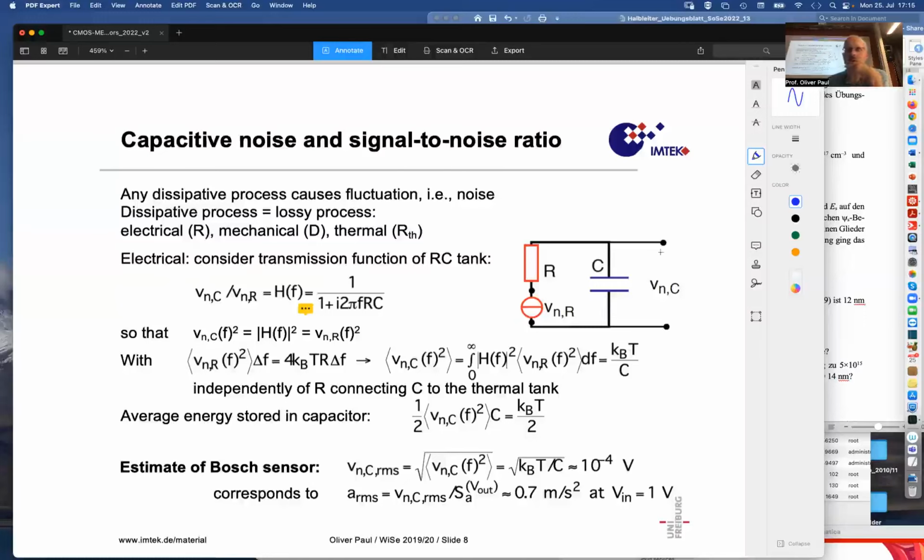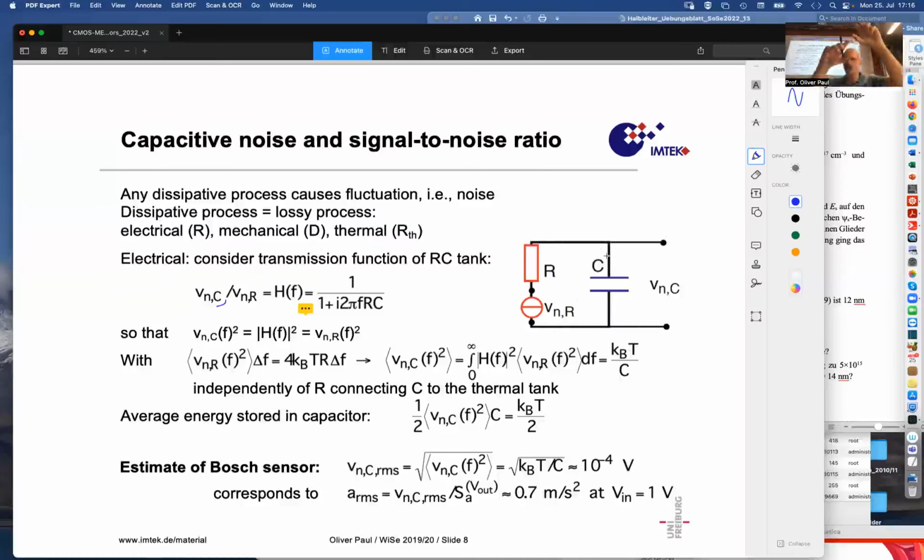And so over the capacitance, one will measure Vn, some noise voltage over the capacitance. And we have seen how to calculate that. Vnc over Vnr is equal to the transfer function of this voltage divider. We have a voltage source here, and then we have a voltage divider that goes via an R and a C to the other side of the voltage source.